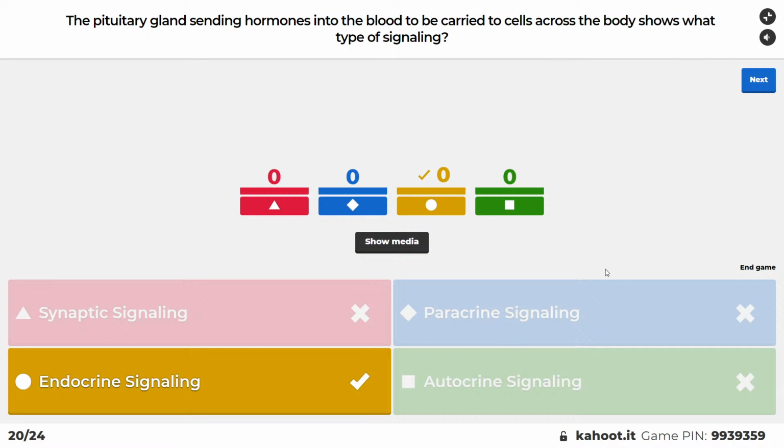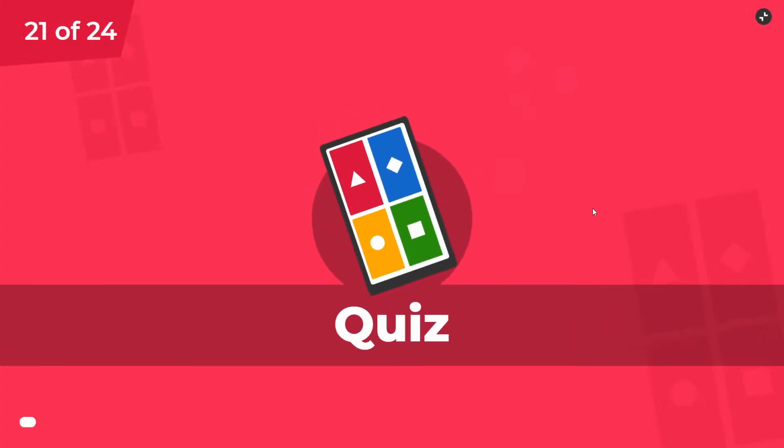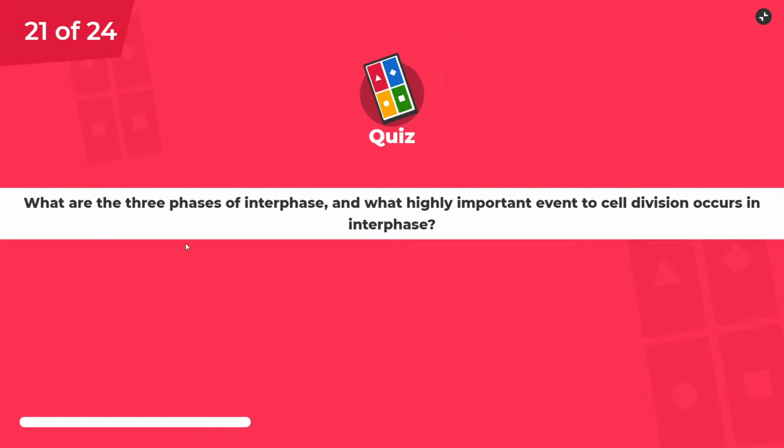And it's definitely not autocrine signaling, because that cell is sending signals to itself. Synaptic is also just neurons. All right, next question. And if you don't remember, endocrine uses hormones as well.